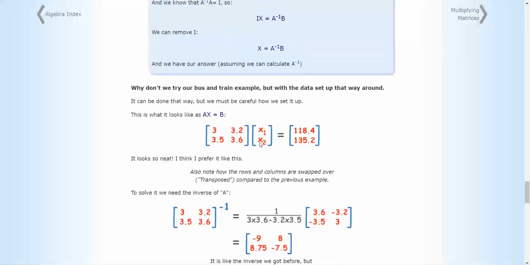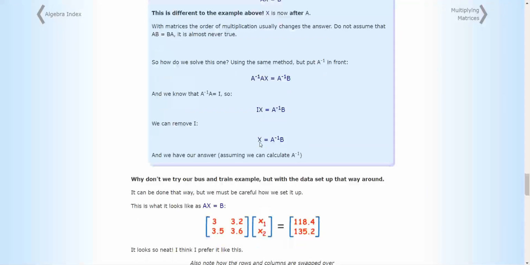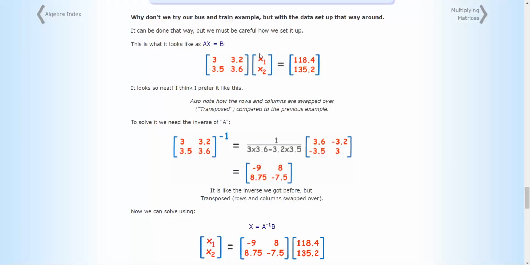Okay, so I'll leave this to the next video in which we try to solve this differently and see if we can solve this now instead of this being transposed. What if we try to solve it with it being, I'm not sure if that's possible, because if it's a single row then you have two columns, you have to have two rows, so this is the only way to do it.